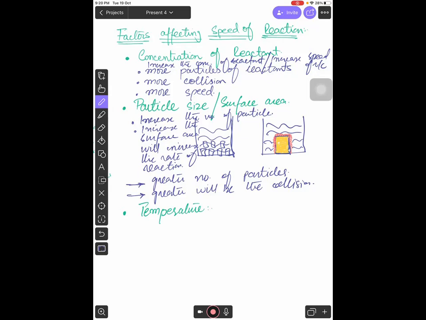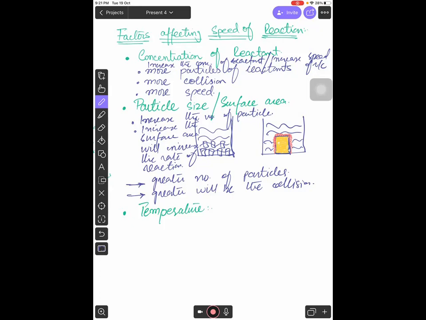For example, if you are going to add a small amount of sugar in a cup of tea, and if you are going to add the same amount of sugar in cold water, what you will see is that in cold water, the dissolution of sugar will take time, but in the hot cup of tea, the same amount of sugar will dissolve earlier.